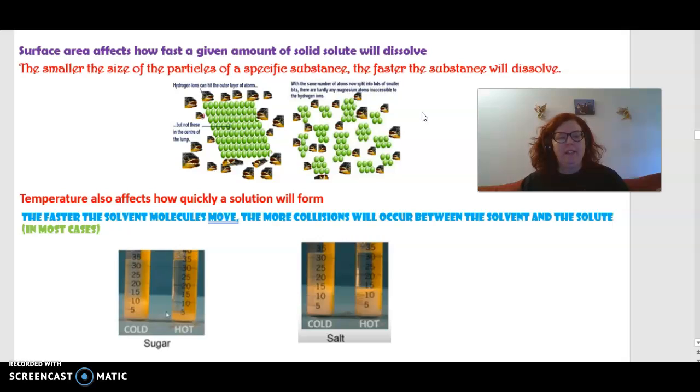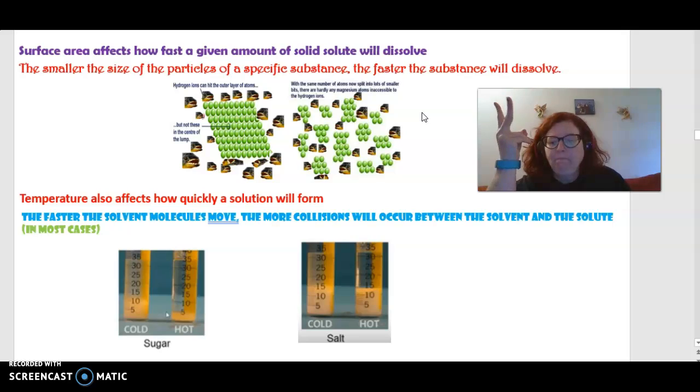Surface area affects how fast a given amount of solid solute will dissolve. Why is sugar in powdery form and all ground up? Exactly. When you increase the surface area by grinding it up, the smaller the size of the particles, the faster it's going to dissolve.